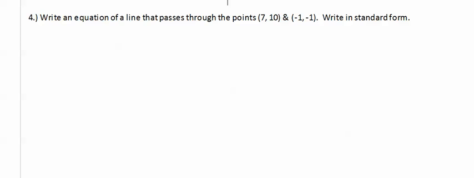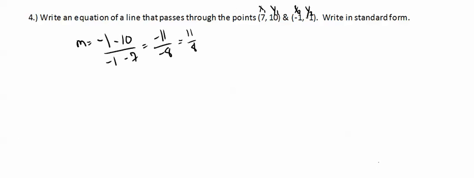Number 4 asks us to write an equation of a line that passes through the points (7, 10) and (-1, -1), and to write it in standard form. Again, once we see 2 points, our instinct should be to write a slope. So take a second, pause the video, and calculate the slope. Our slope is 11/8.